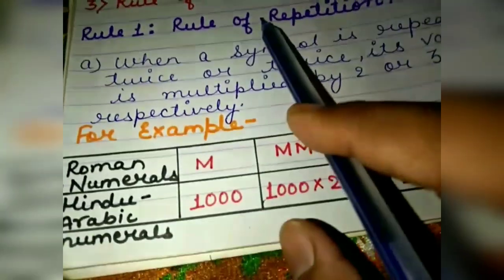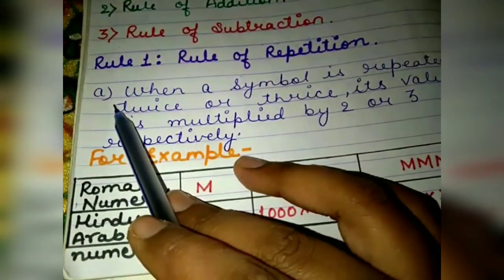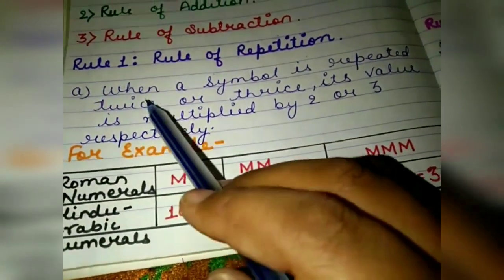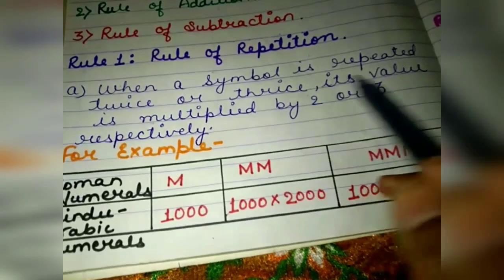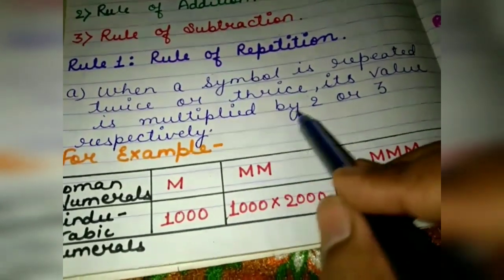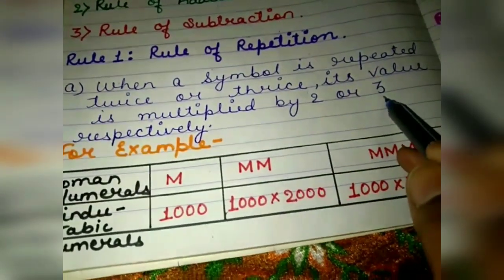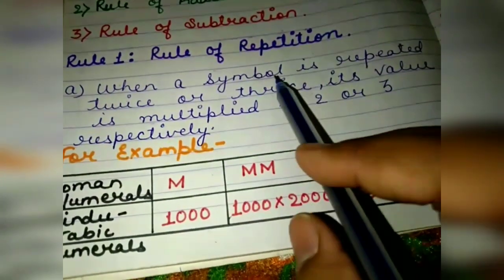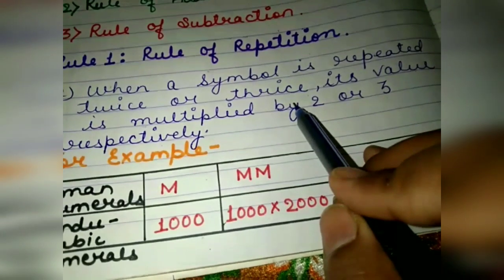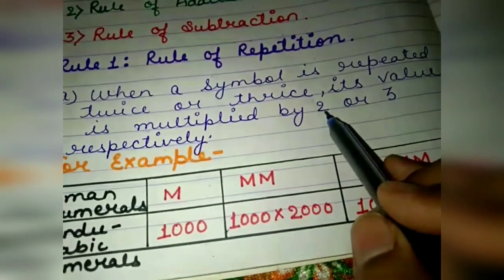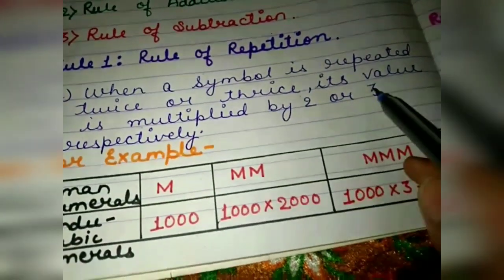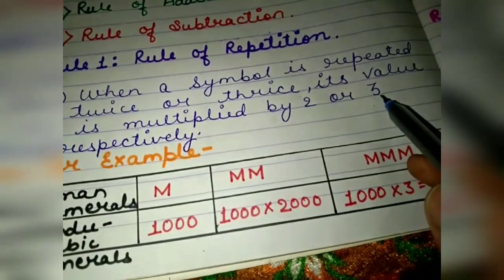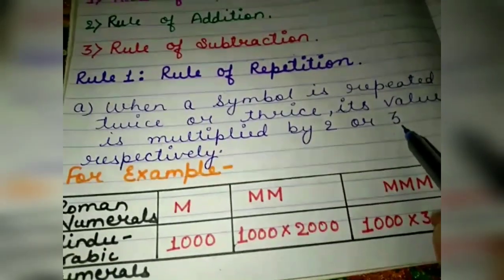In rule 1, when a symbol is repeated twice or thrice, its value is multiplied by 2 or 3 respectively. If we repeat a symbol 2 times, that will be multiplied by 2, and if we repeat the symbol 3 times, that will be multiplied by 3.